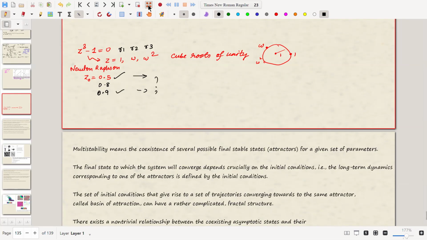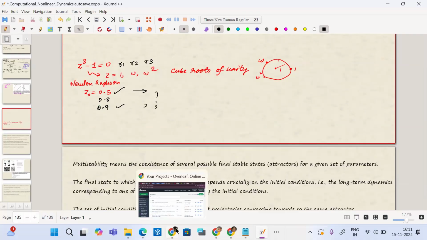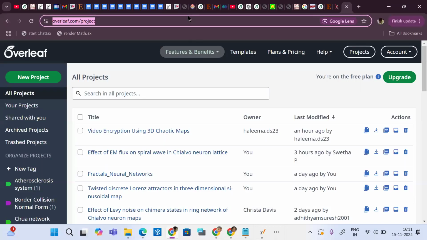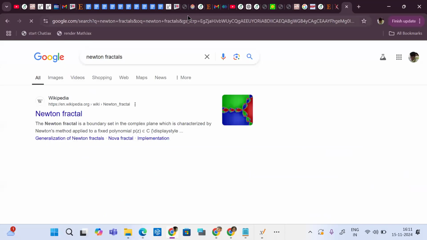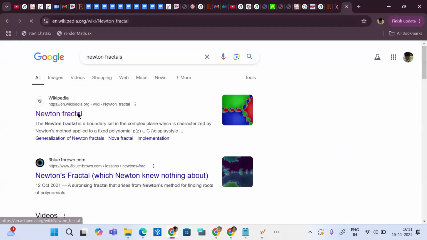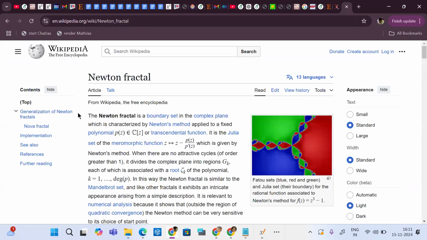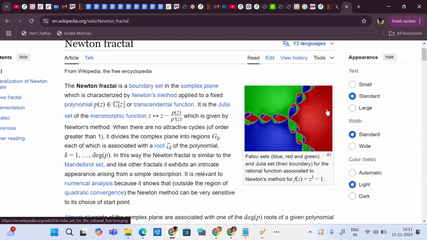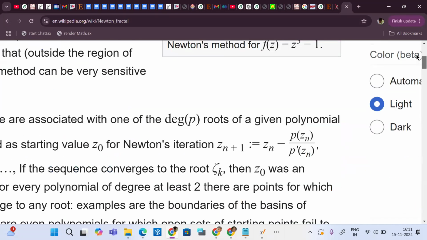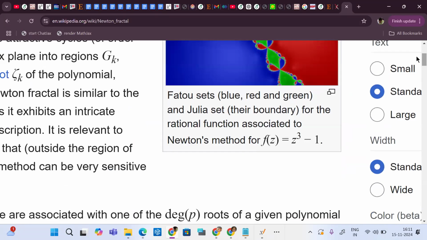I want to show you something about Newton fractals. You can see that the fractal image looks something like this. This is shown for f of z equals z cube minus 1, the same polynomial I have taken here.